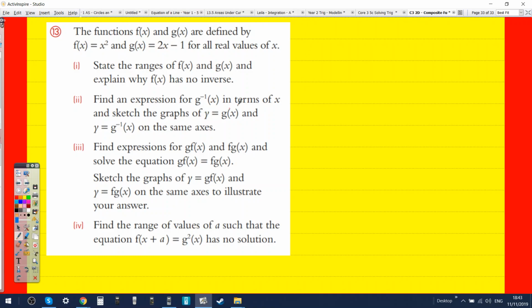What do you get? So for the first one, you get 2 brackets x squared close brackets minus 1. And the second bit is f of g of x, so it's 2x minus 1 all squared.